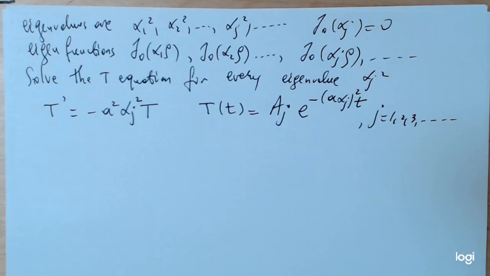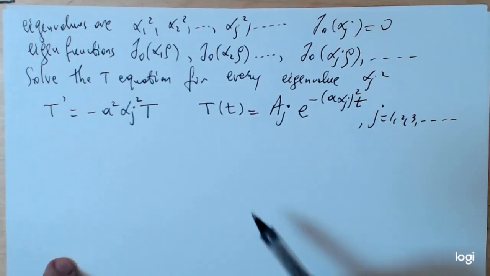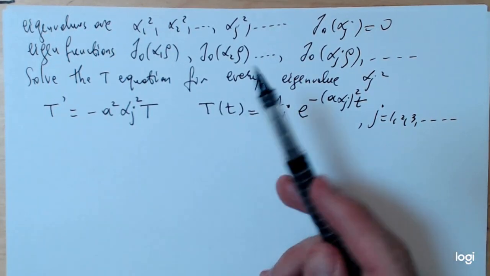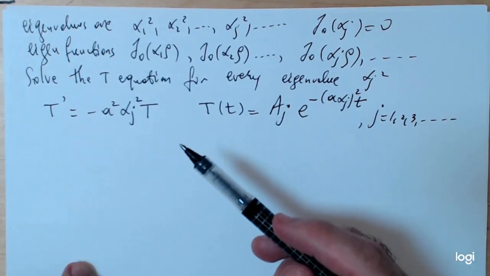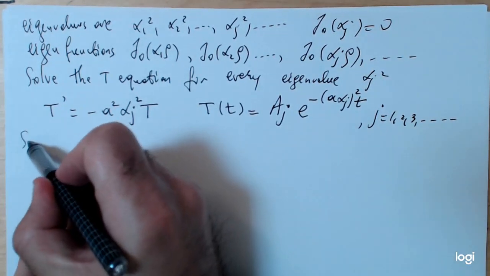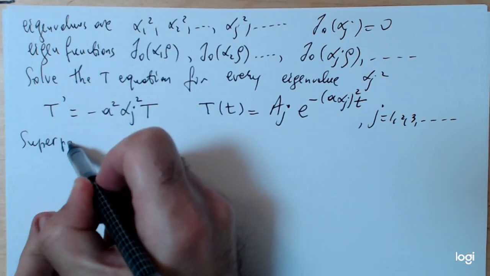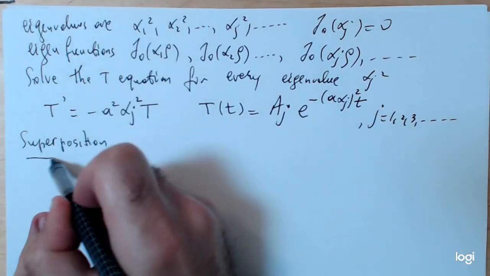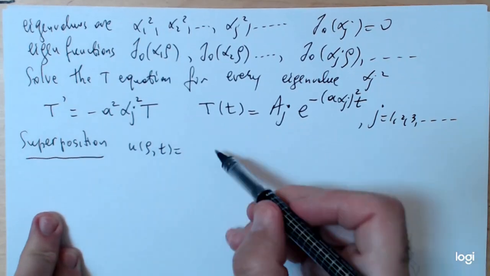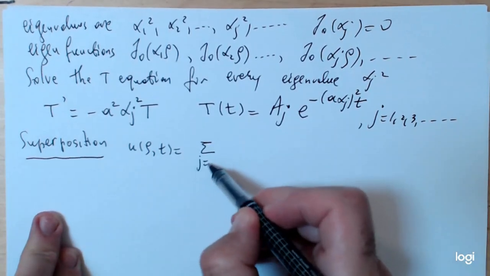So what comes after that? Well, what comes after that is the superposition principle. The only thing left to deal with is the non-homogeneous condition, the initial temperature equal to 5, right? So superposition means that now we're looking for a solution in the form of a series. So u of rho, t is going to be a summation from 1 to infinity.